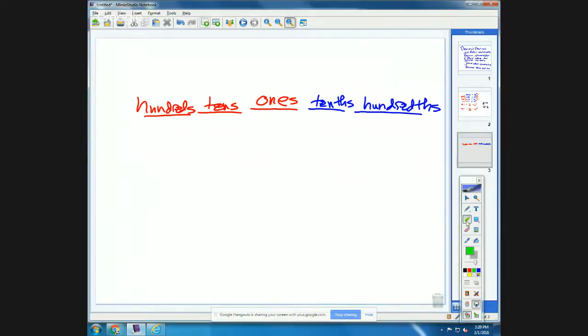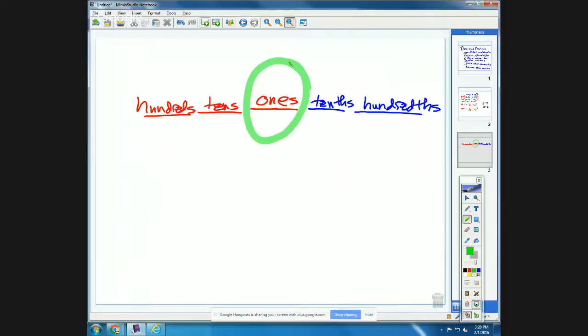Is the symmetry between the ones and the tenths? Well, is there a oneths place? No. So really the symmetry lies around the ones.